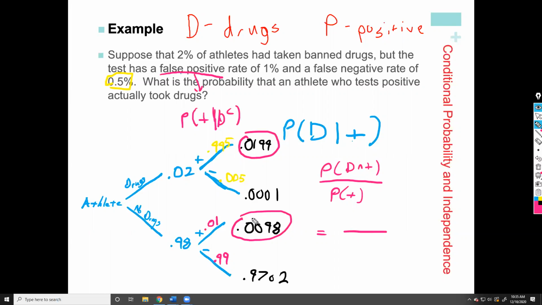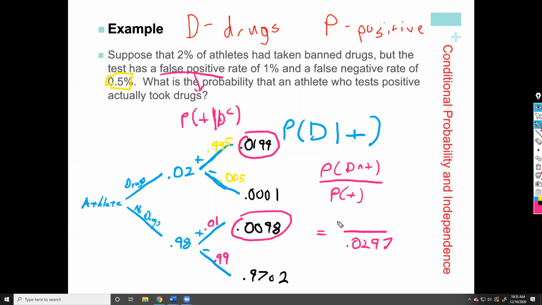So we've got 0.0098 plus 0.0199. That is 0.0297. So that's what goes on the bottom. What that means is that just under 3% of all the athletes test positive.